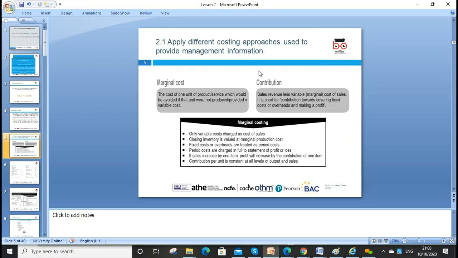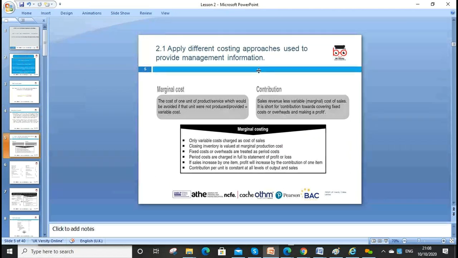Apply different costing methods. We can use different costing methods. First is marginal costing. Marginal costing is the cost of one unit of the product or service which would be avoided if the unit were not produced. If we don't produce it, there won't be any incurred cost, and marginal cost means all the variable costs. Only variable cost is charged to the cost of sales.